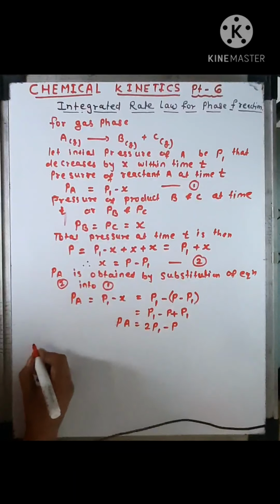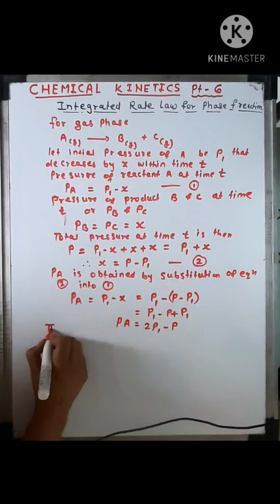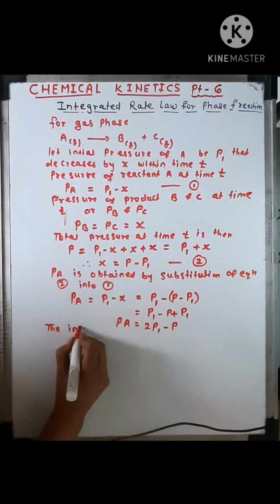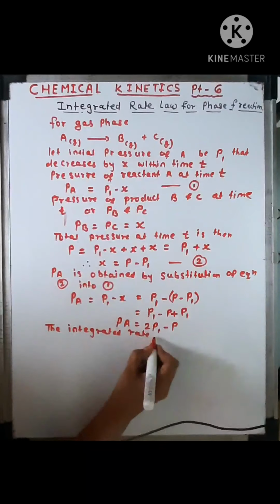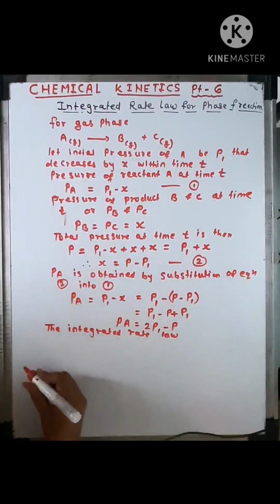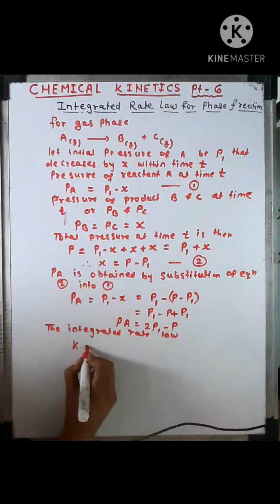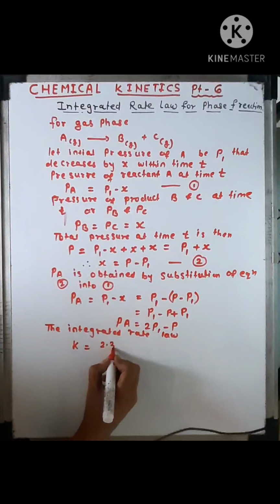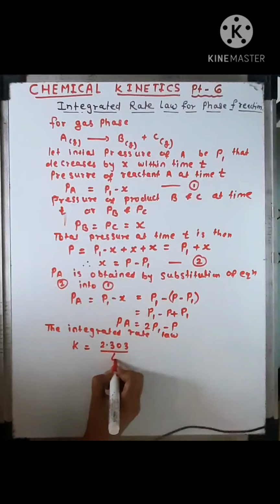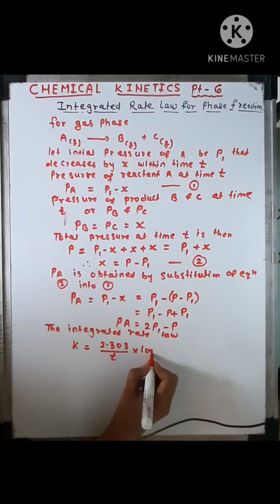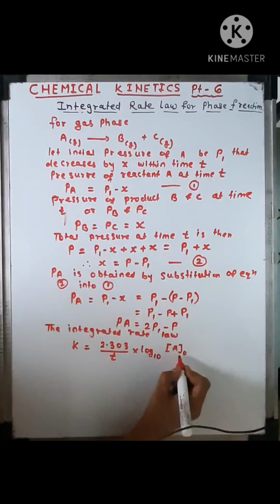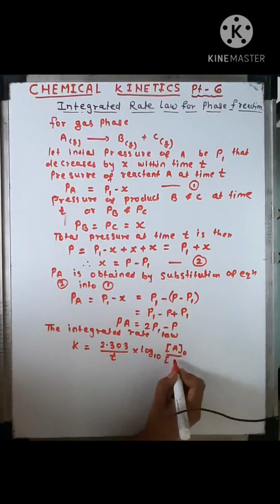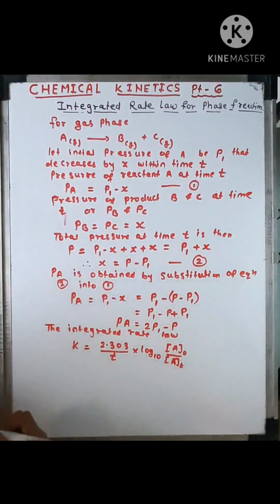And as you know, the integrated rate law for first order reaction, K is equal to 2.303 upon t into log of base 10 of A0, that is initial concentration, upon At, final concentration.